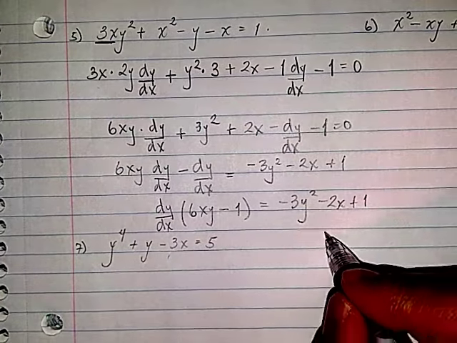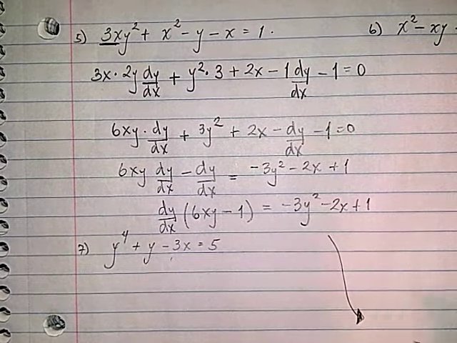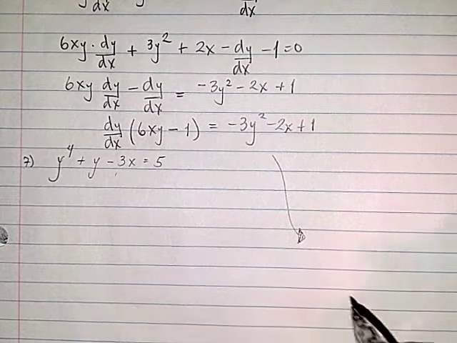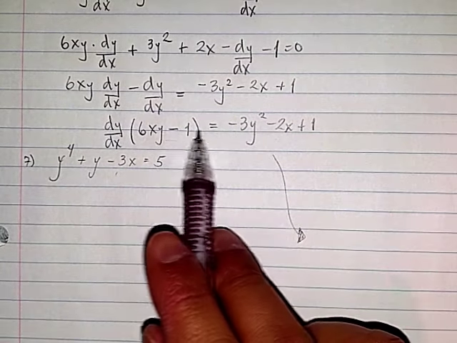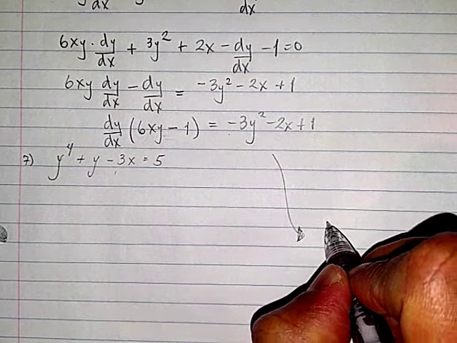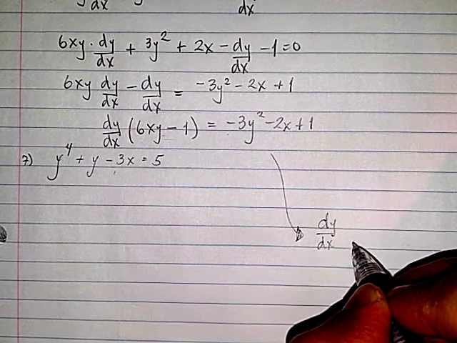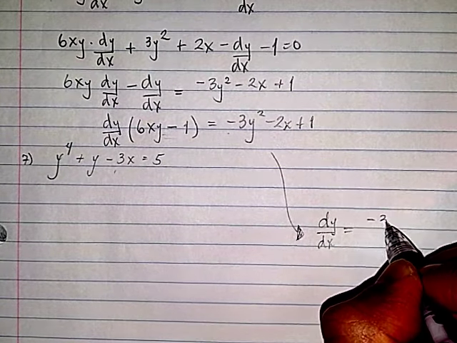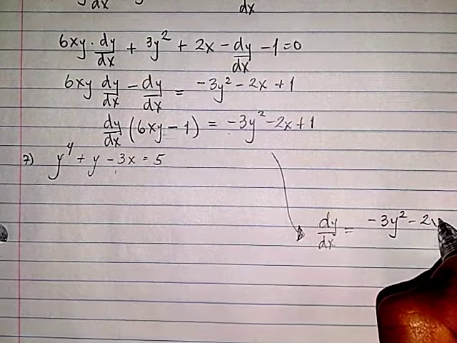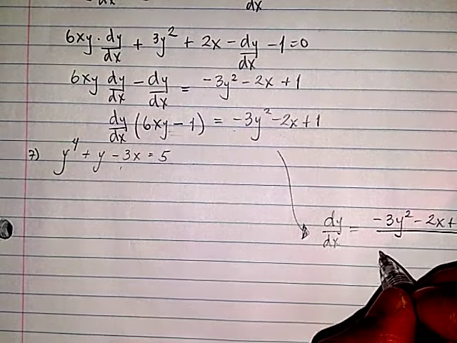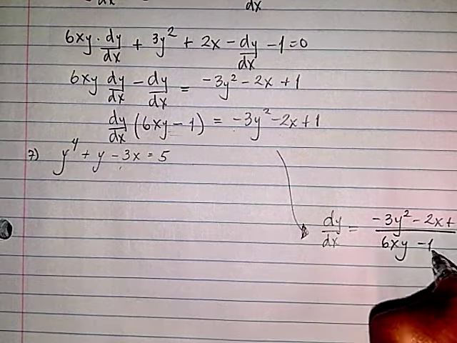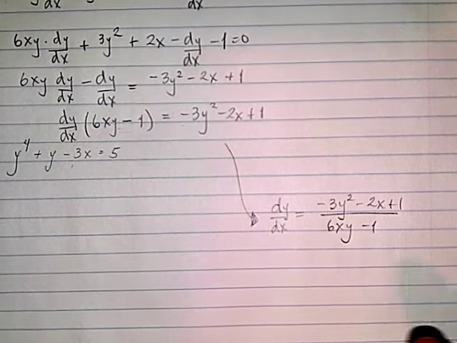Let's go ahead and just continue it over here. So from here, all I have to do is divide. So when I divide, dy dx is equal to negative 3y squared minus 2x plus 1 divided by 6xy minus 1. So what does this tell you?